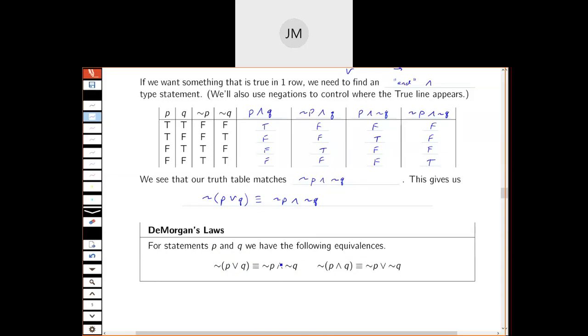If I wanted to look at the and statement instead, not P and Q is equivalent to, and if we test all the or statements out, we'll find not P or not Q. Okay, so we're not going to go through this second one in our notes right now.